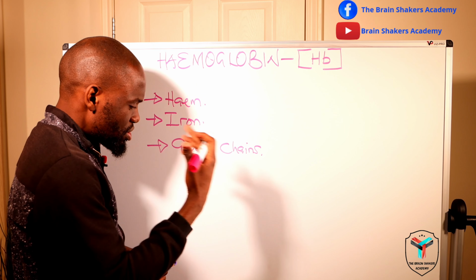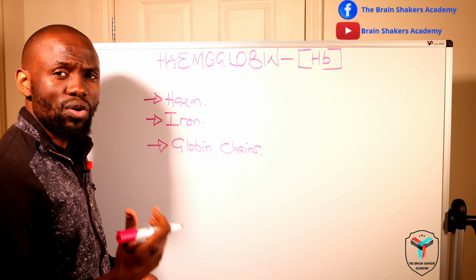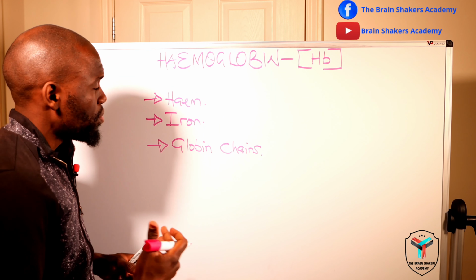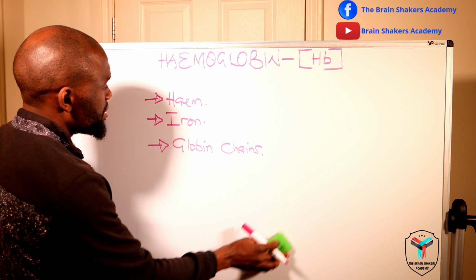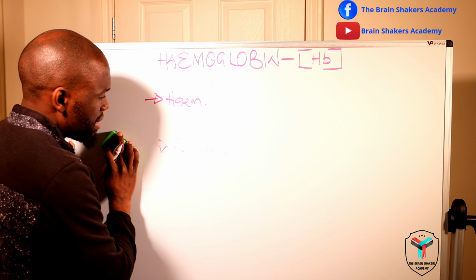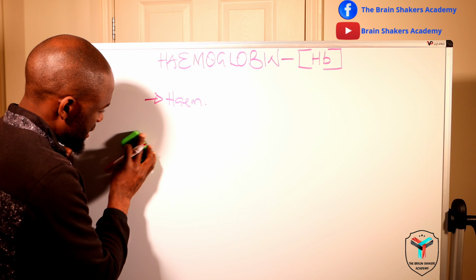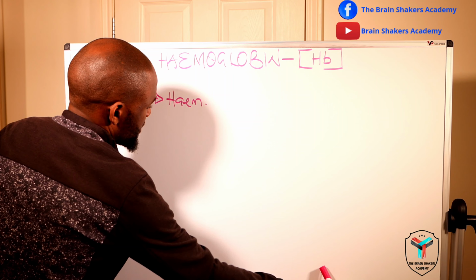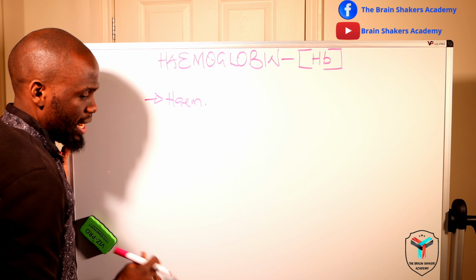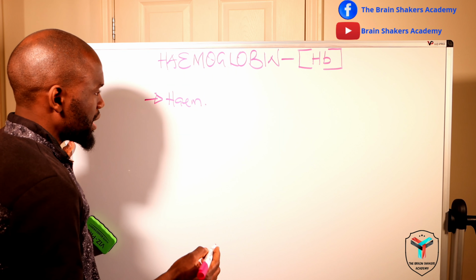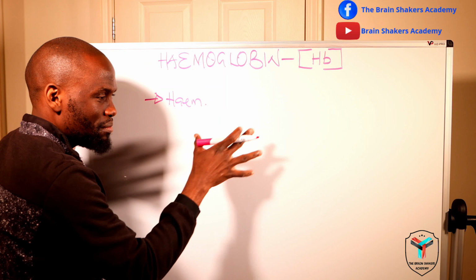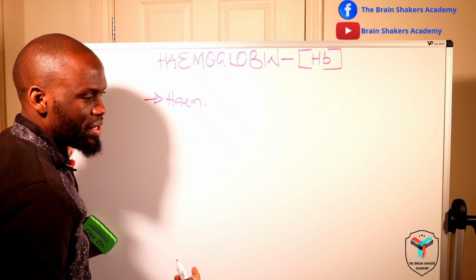Now, let's look at these components one by one and see where they are coming from. We will start with the heme itself. So the heme itself is basically made out of a component that we refer to as a protoporphyrin ring. So how does it become a protoporphyrin ring?